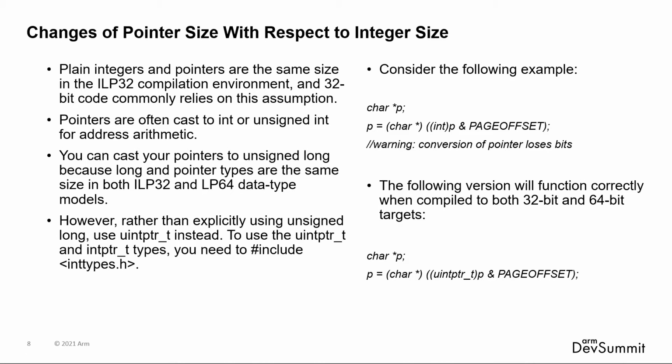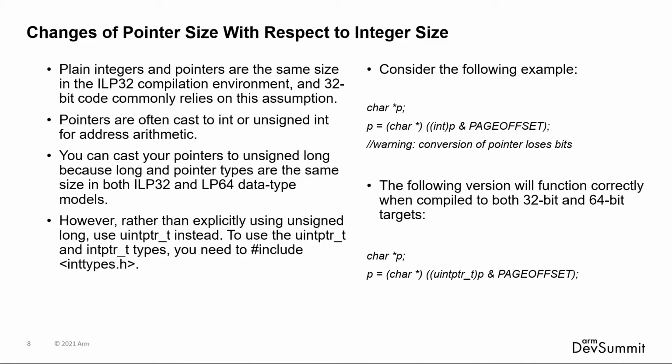Since plain integers and pointers are the same size in the ILP32 compilation environment, 32-bit code commonly relies on this assumption. Pointers are often cast to int or unsigned int for address arithmetic. You can cast your pointers to unsigned long because long and pointer types are the same size in both ILP32 and LP64 data type models.